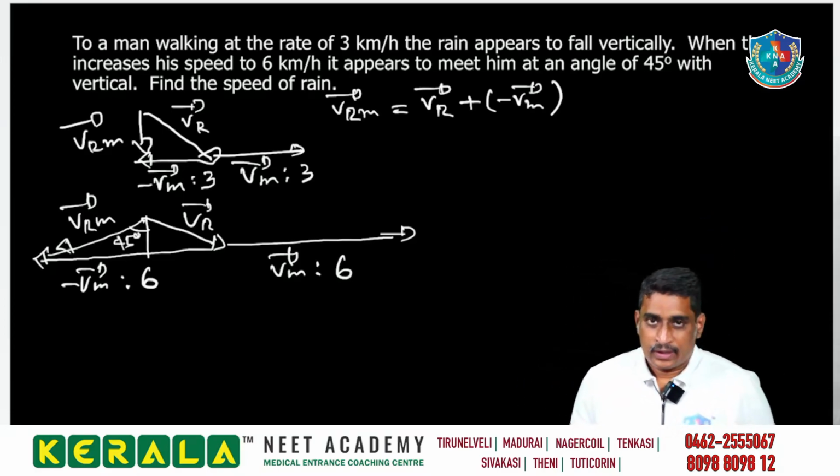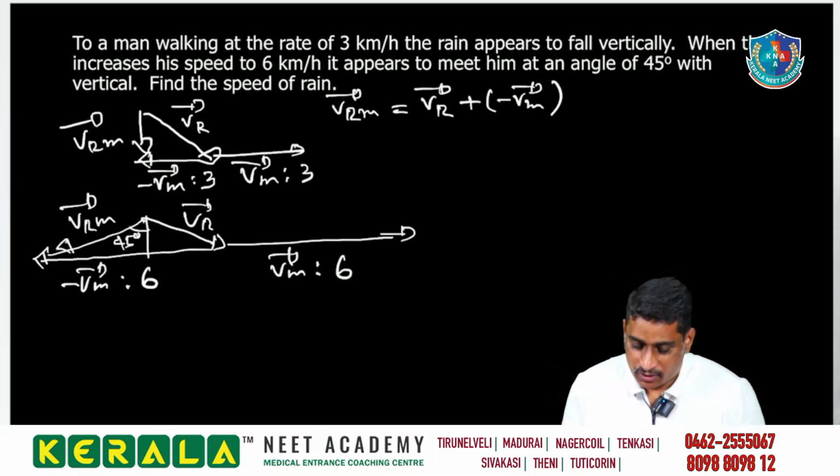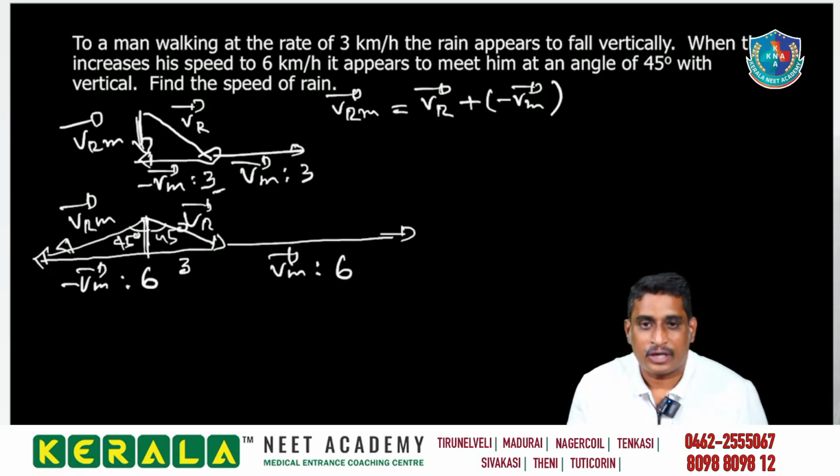From these two diagrams, if you compare the second diagram with the first diagram, you can divide this 6 into 2 parts. This is 3. This 3 you can compare with the previous diagram's 3, same. So this is the vertical side, this is the vertical side. If this is 45 degrees, the other also will become 45 degrees. Therefore, this vertical side will become 3.